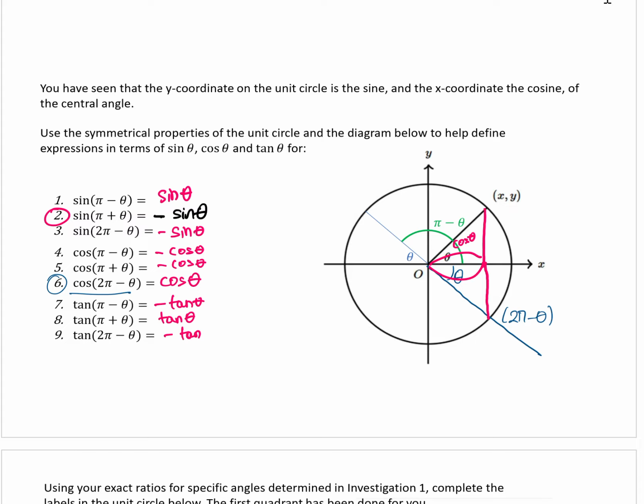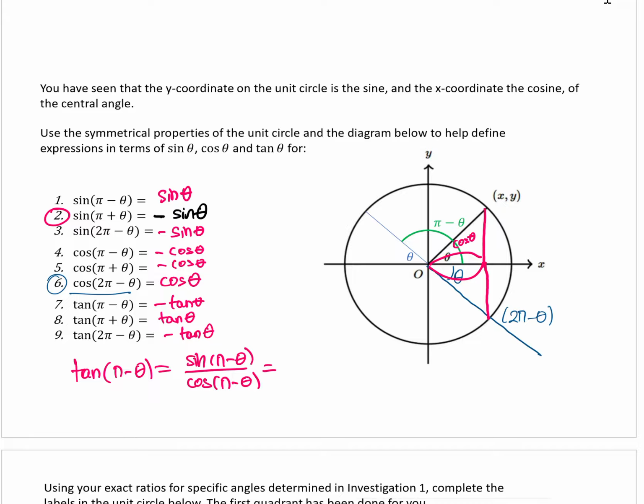The tangents, you might find them a little bit confusing, but essentially, let's do the tangent of pi minus theta. That becomes the sine of pi minus theta over the cosine of pi minus theta.